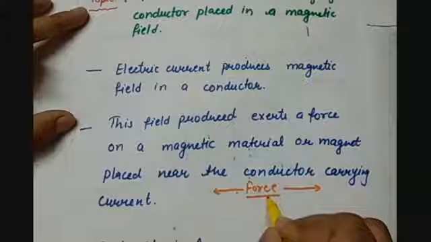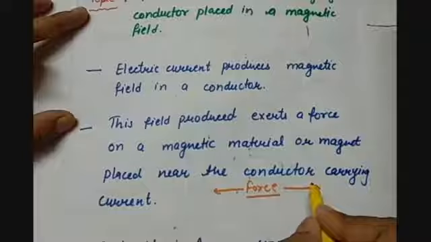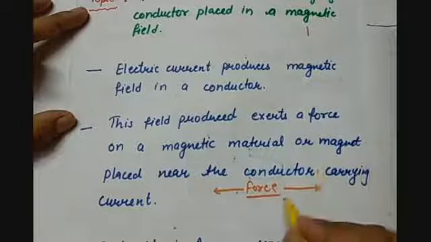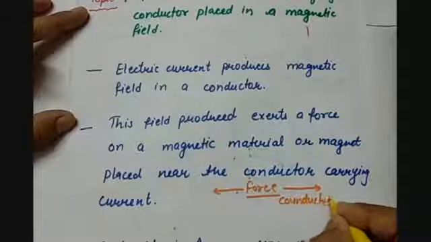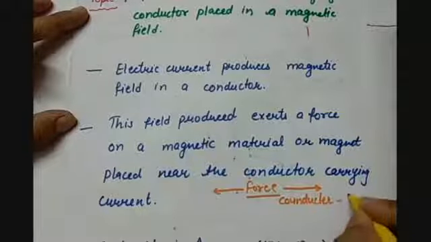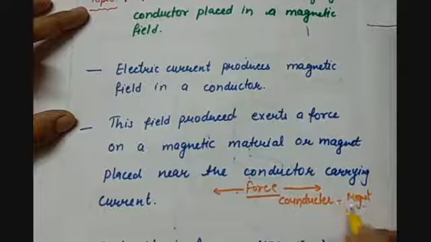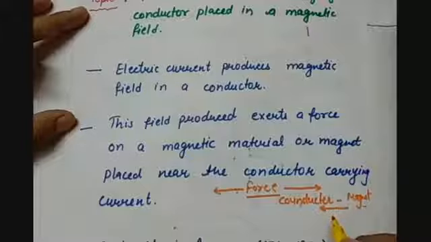When force is acting on the magnetic material or magnet because of the interaction of the magnetic fields of the conductor and the magnetic material, or you can say magnet, then for sure there must be a force in reverse direction, and which is in equal magnitude as well.